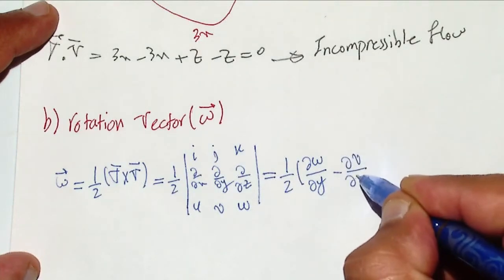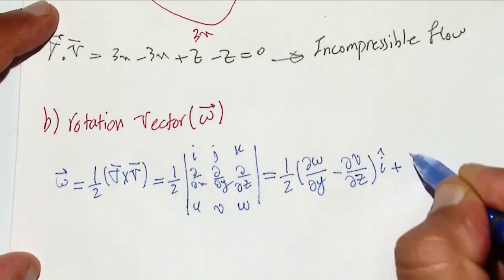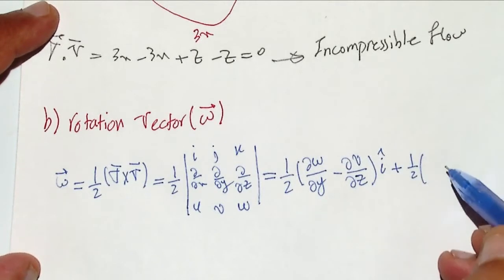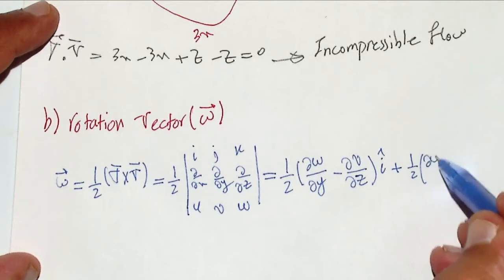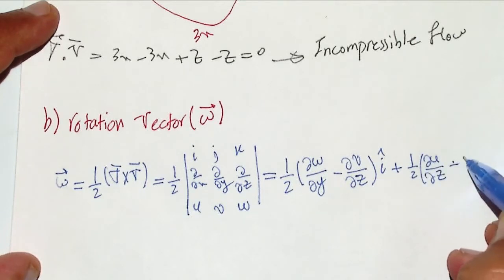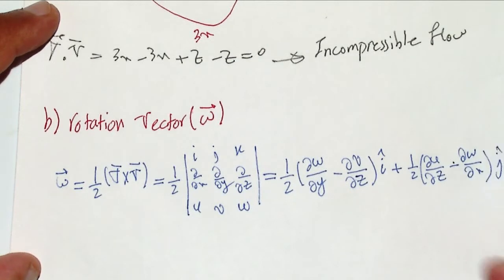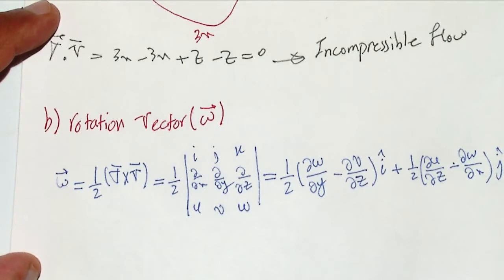It's going to be ∂w/∂y minus ∂v/∂z, that's the i, plus 1/2 (∂u/∂z minus ∂w/∂x) j plus 1/2 (∂v/∂x minus ∂u/∂y).